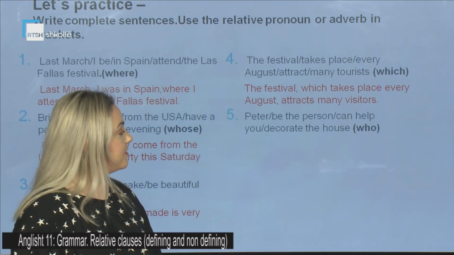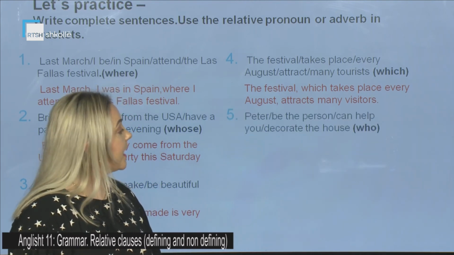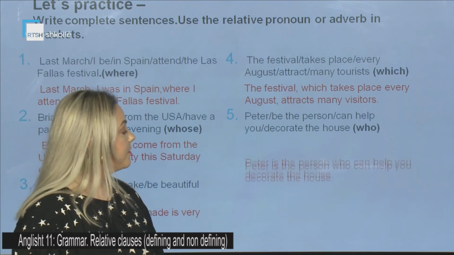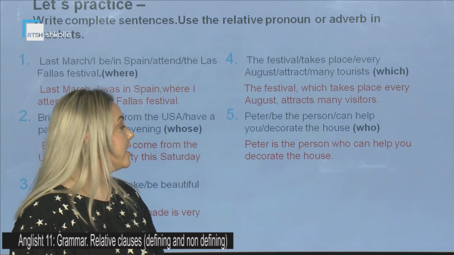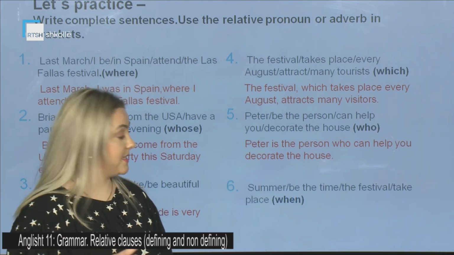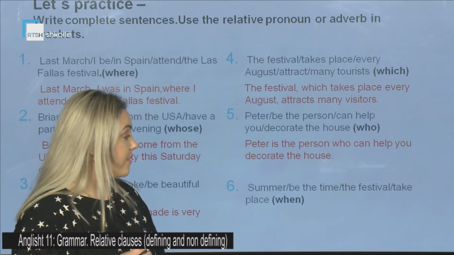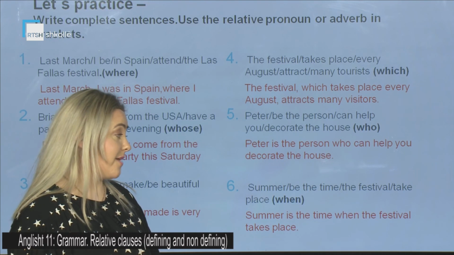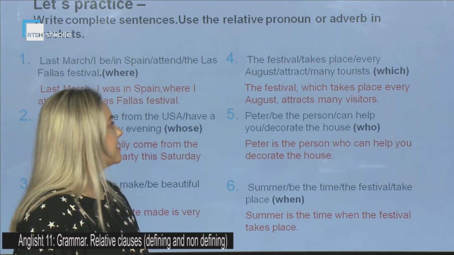Number 5: Peter is the person who can help you decorate the house. And lastly, number 6: summer is the time when the festival takes place.